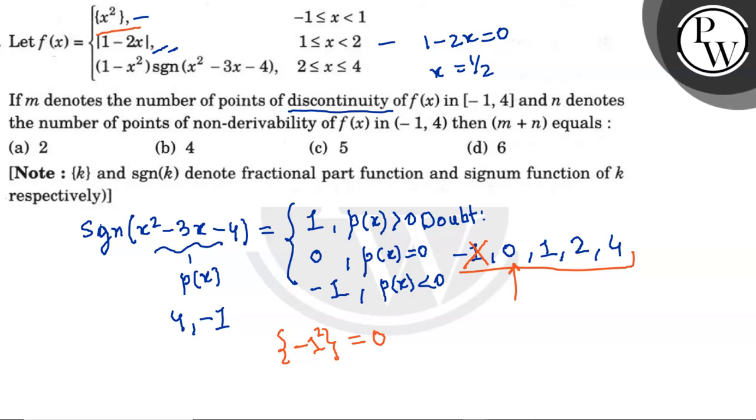Now if we take x equals 1, then we will have the fractional part equal to 0 as x approaches 1, and the other part is 1, because if you substitute modulus of 1 minus 2 into 1, it is equal to 1.